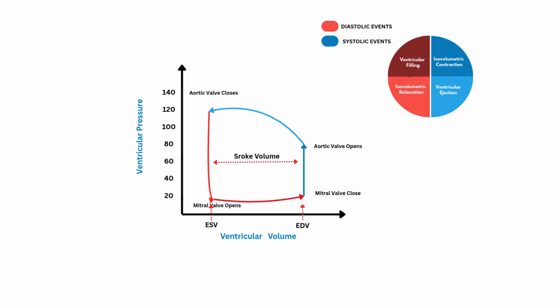Stroke volume spans the width of the loop. It is the difference between the end diastolic volume and the end systolic volume. In essence, stroke volume is the volume of blood that made it out of the heart after a normal systolic cycle. Looking at the pressure volume loop, we'll notice that there are two players here, pressure and volume.